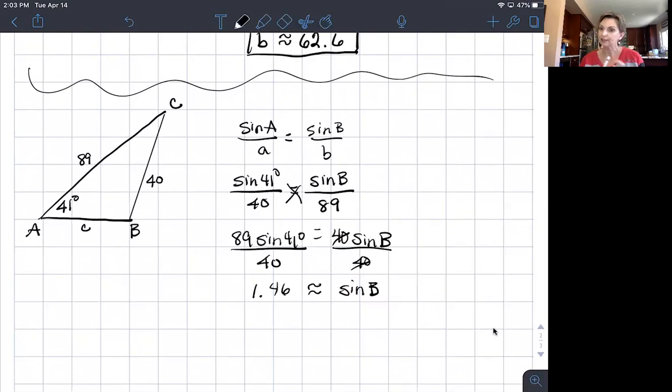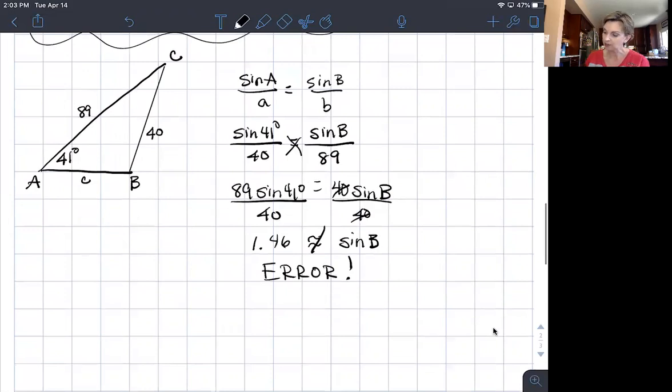The reason for that is that no angle has a sine greater than 1. They're all less than or equal to 1. So there's no answer here. You get an error. That's okay. That's what's supposed to happen. If you got an error, you're good.